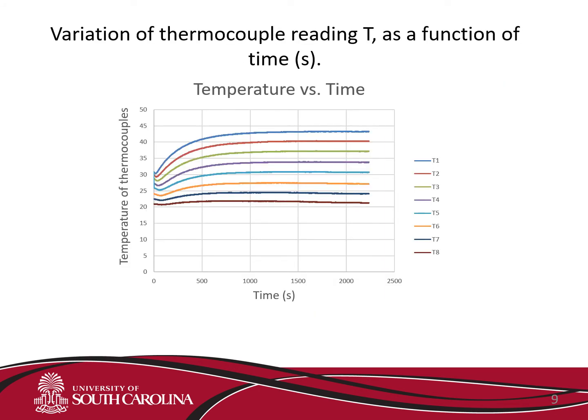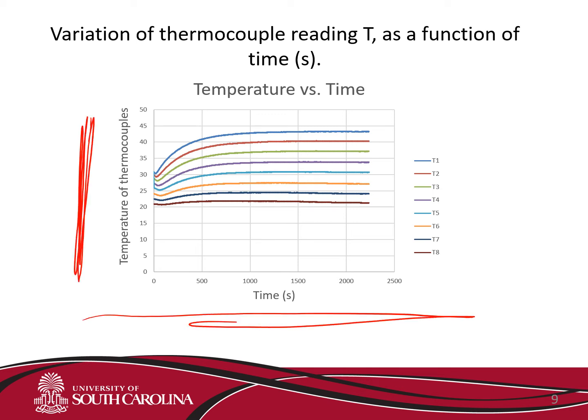Once you find these temperatures, how do you find this table? Variation of thermocouple readings T as a function of time. You will see in the Lab5 program the temperature of thermocouples as a function of time. First, when we run the experiment, the temperature is at room temperature, which is almost 20, sometimes 20 or maybe 22, it depends on the room temperature.